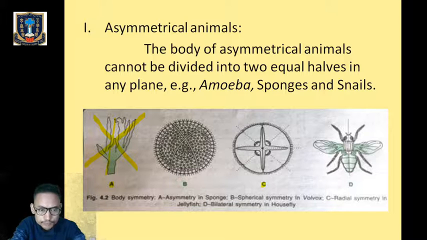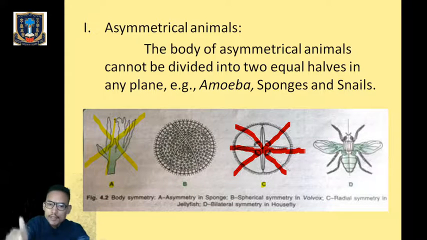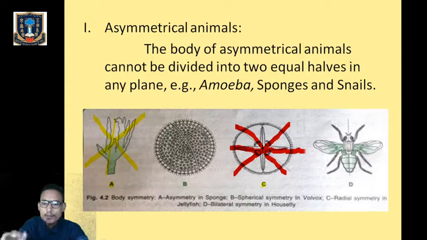If you look over here, this is the first plane where the animal is being cut, this is the second plane, and this is the third plane. So if you cut from any plane, the body can be divided into two equal halves in case of radial symmetry.